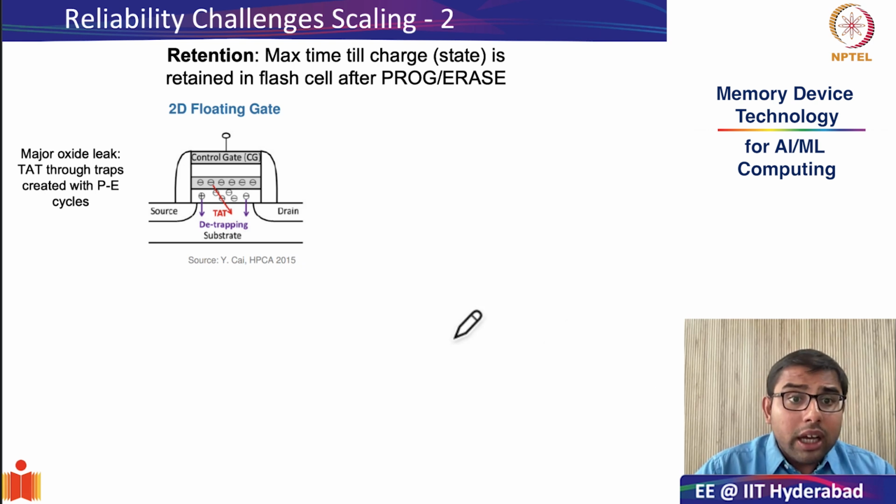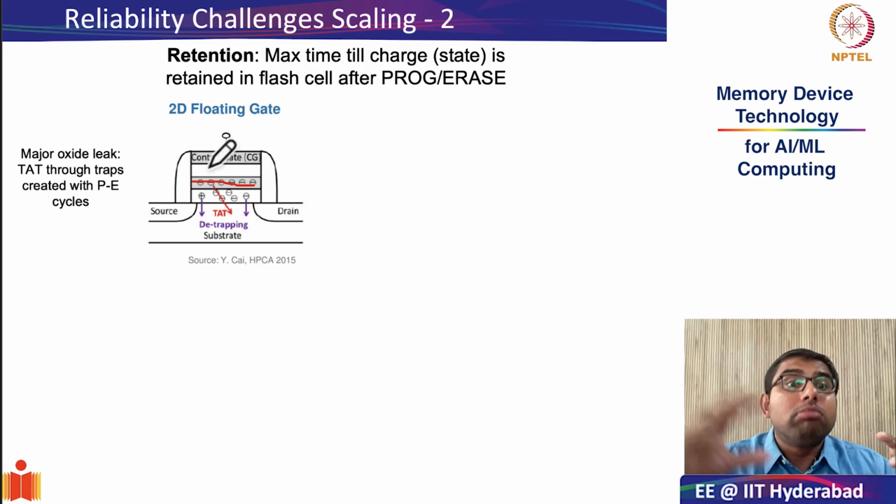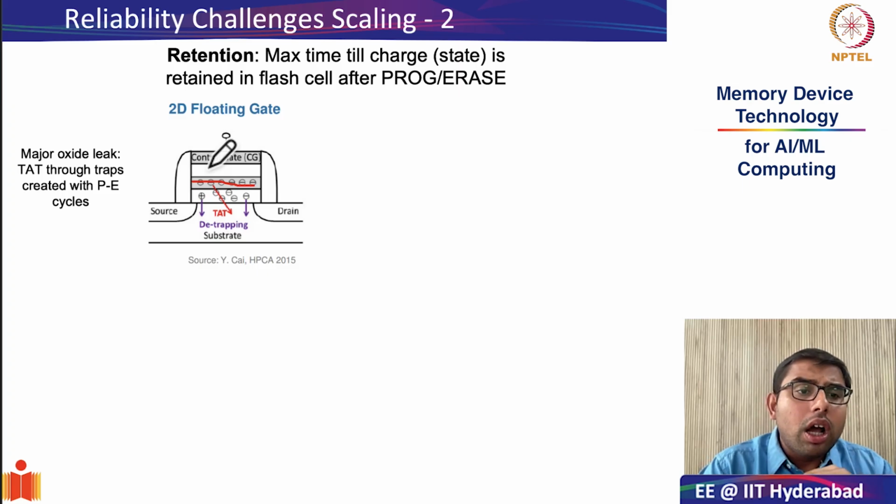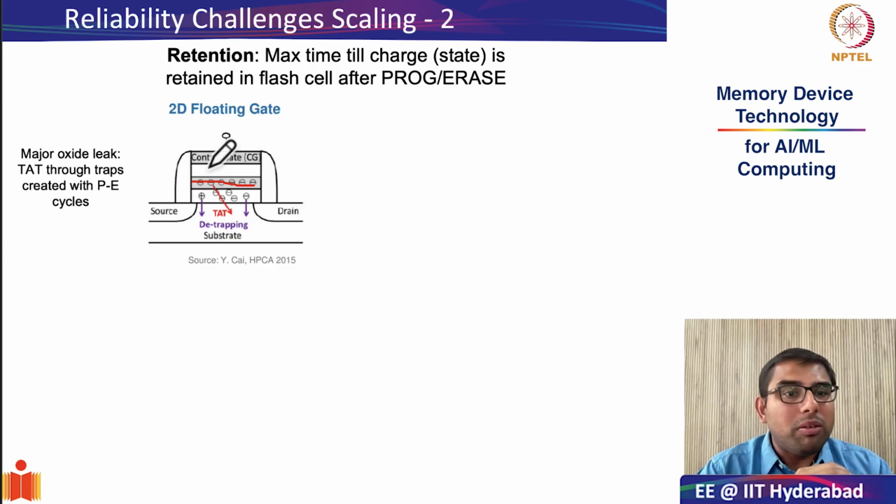Why? Because remember, this was your charge storage layer. The charge storage layer on both sides was protected by oxides. So you may wonder, how is this charge leakage happening? It is happening again because of the defects that are created when you do multiple PE cycles.